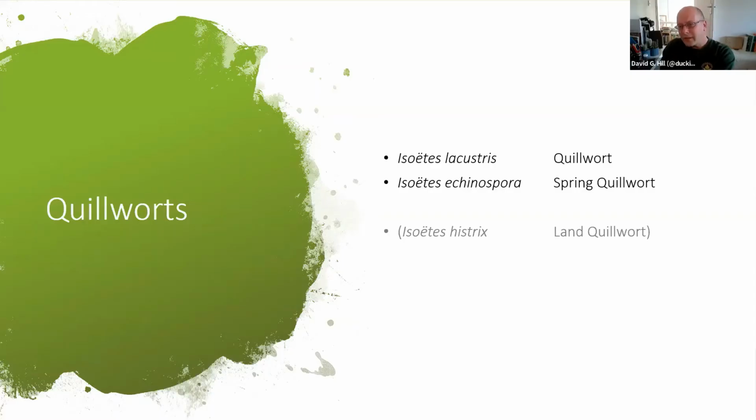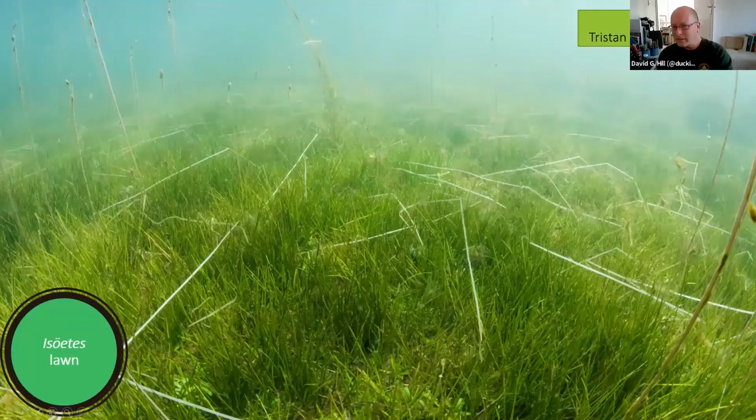We have another group of lycophytes, which are the quillworts, and in Wales we only have two species, Isoetes lacustris and Isoetes echinospora. There is a third one which you can find in Cornwall, which is the land quillwort. And thanks to Tristan, who came on the last fern course that I did, he sent me this picture and said I could use it, which was lovely of him.